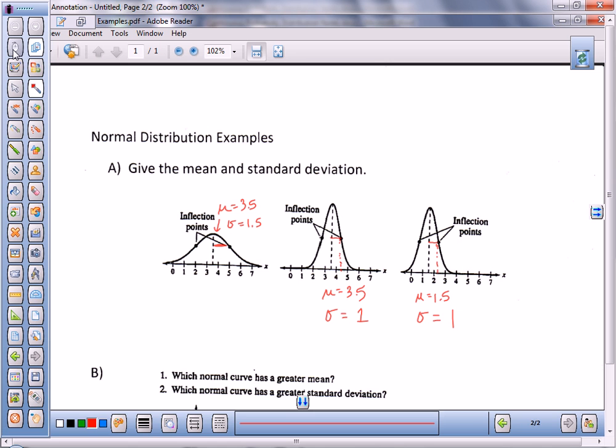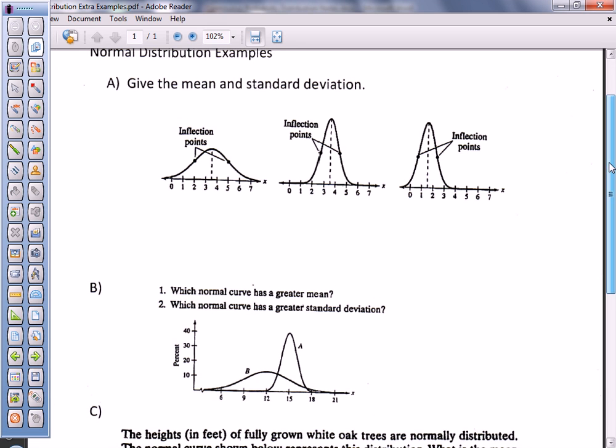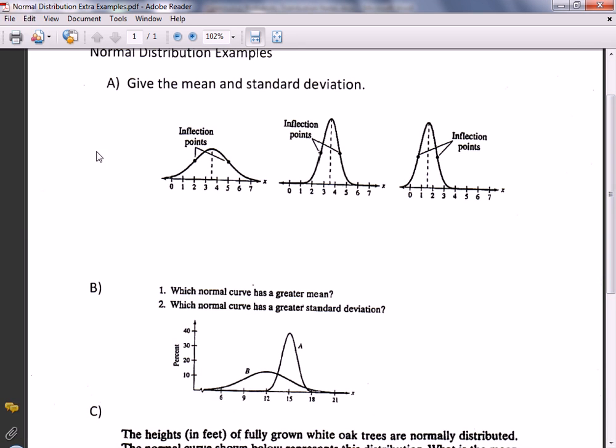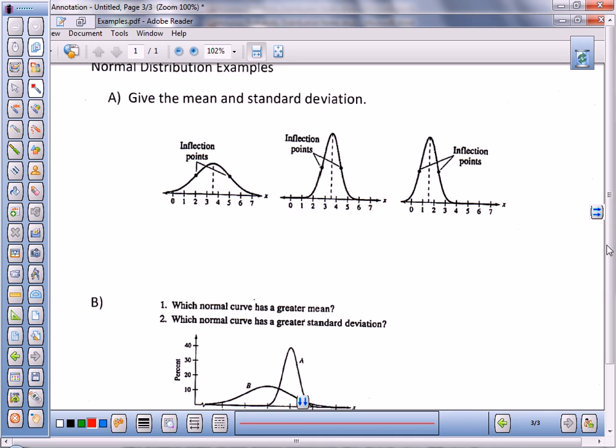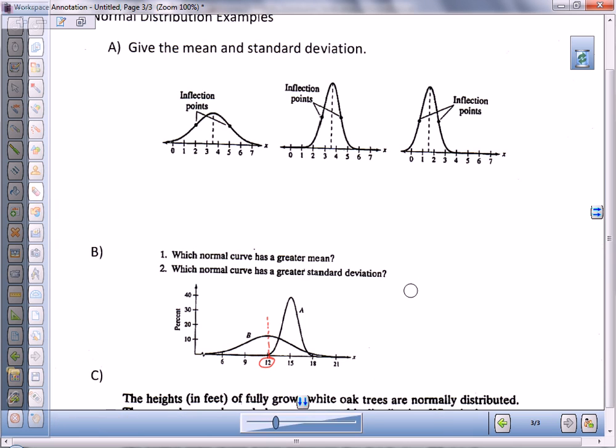All right, let's look at our next example on this page, example 2, part B. It says, which normal curve has a greater mean? So what we're looking for is where's that highest point? It looks like B has a mean of about 12.